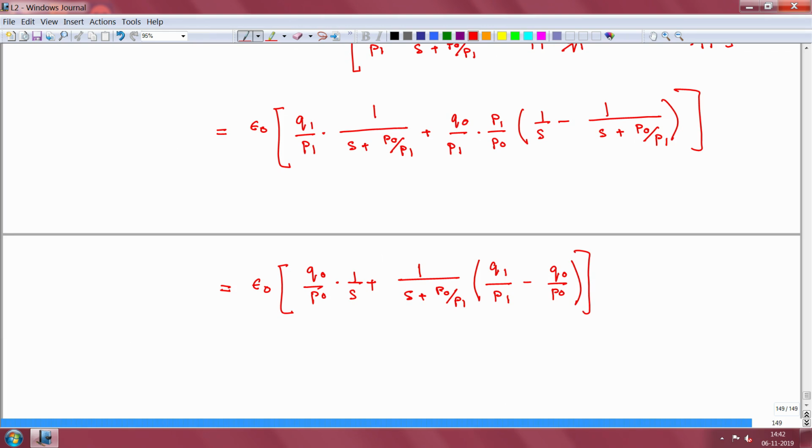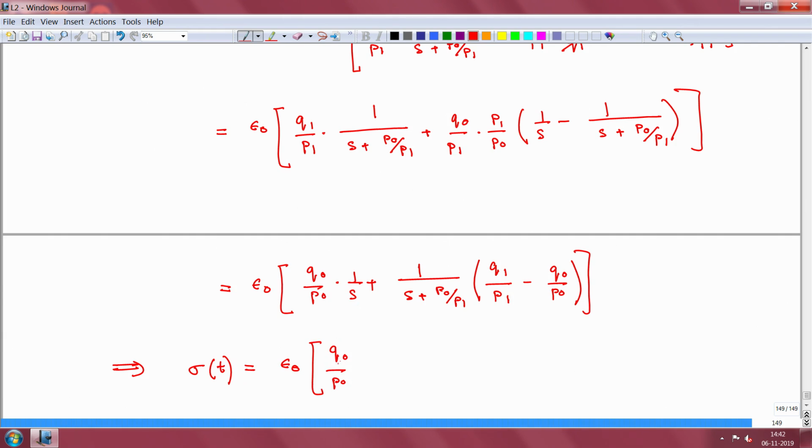Right. So, this implies if you now take the Laplace inverse of both sides, on the left hand side you will get the stress, and on the right hand side you will recover these terms. So, q naught by p naught. We know that the Laplace of 1 was 1 by s, right.